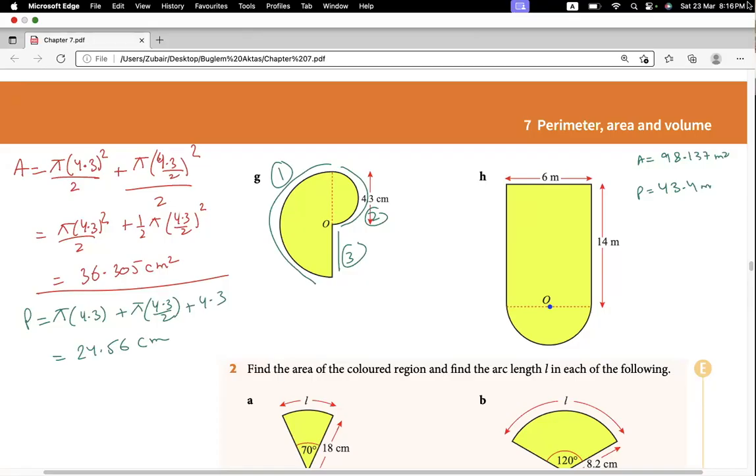For the area, I got 98.13. Yeah, you have the same answer. And perimeter.